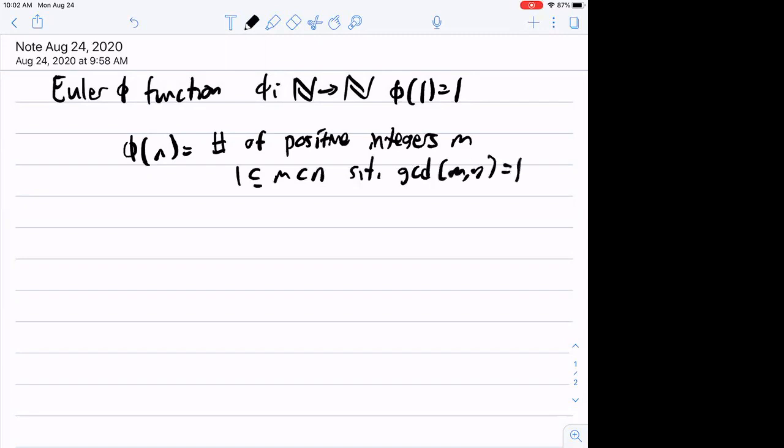So these are all the numbers between 1 and n that are coprime to n, right?